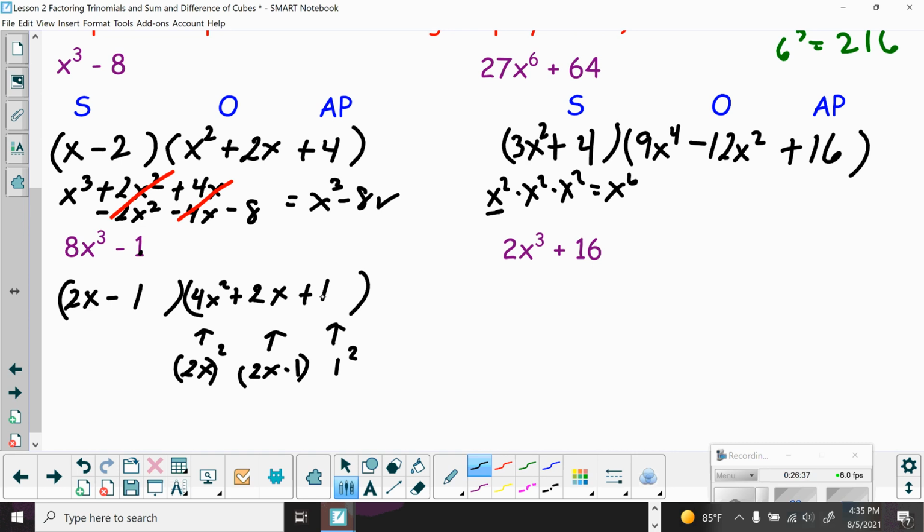Okay. Now what about this last one over here? Oh, we have a problem. We don't have a perfect cube except for the variable. But remember we have a greatest common factor. 2 times x cubed plus 8. Now I have a sum of cubes. I have to keep my greatest common factor, and then I'm going to use SOAP again.